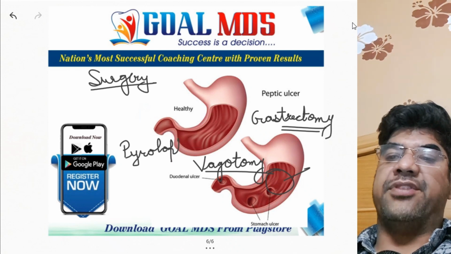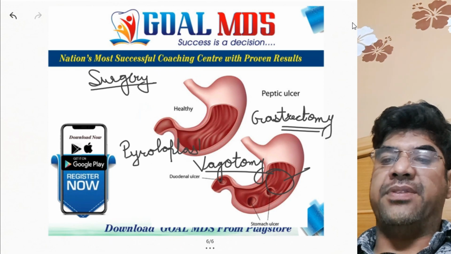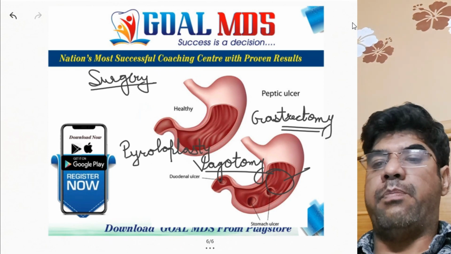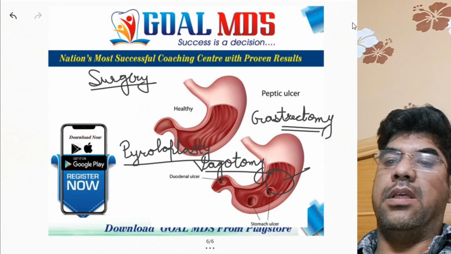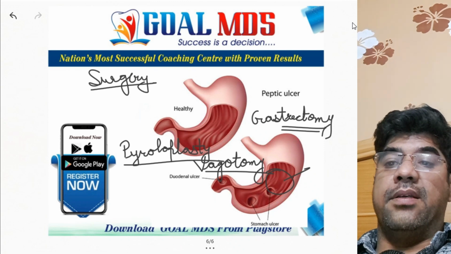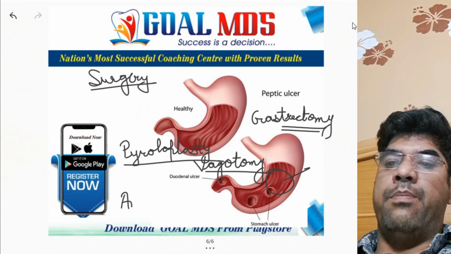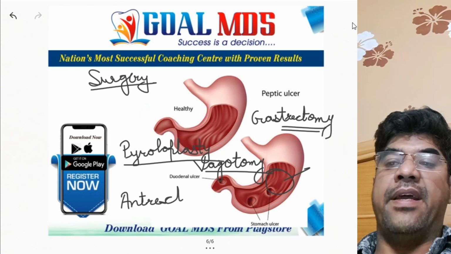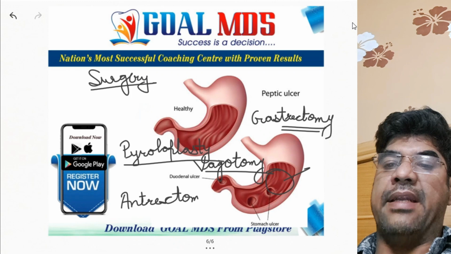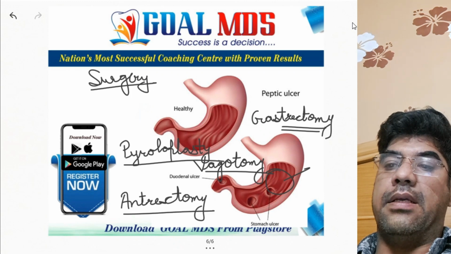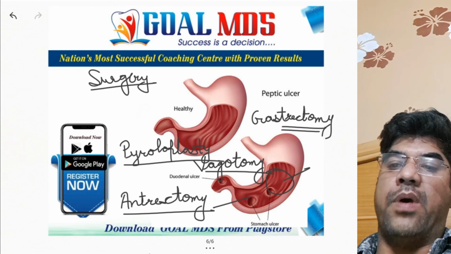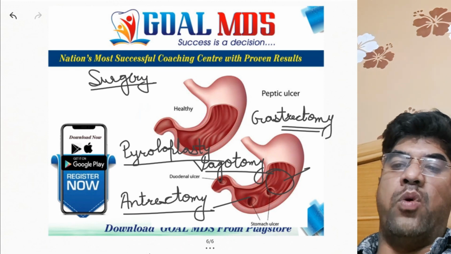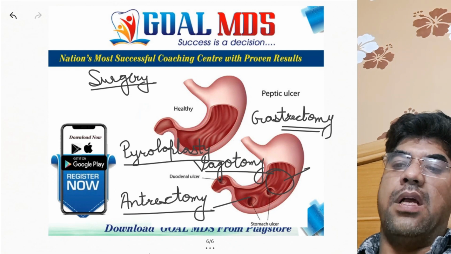In addition to the gastrectomy and vagotomy, another procedure a surgeon can perform is pyloroplasty. Pyloroplasty will widen the opening between the stomach and the small intestine. Or he can do antrectomy that removes the lower part of the stomach, where mostly the peptic ulcers occur.